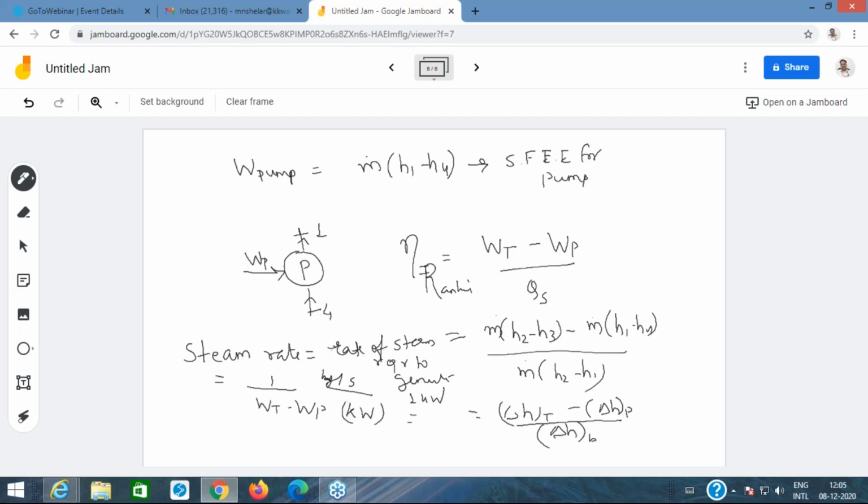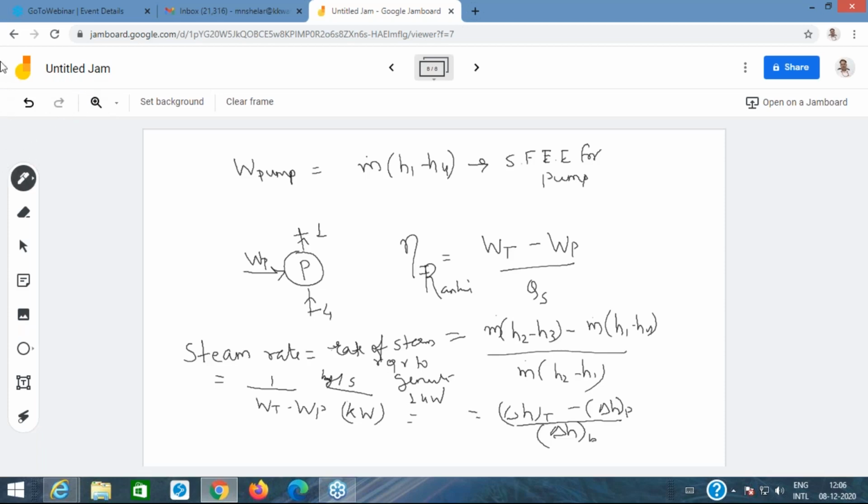The question is, the way I am defining steam rate, 1 upon turbine work minus pump work, is it desirable to have a higher steam rate, yes or no? It is not desirable to have a higher steam rate. Steam rate should be minimum.